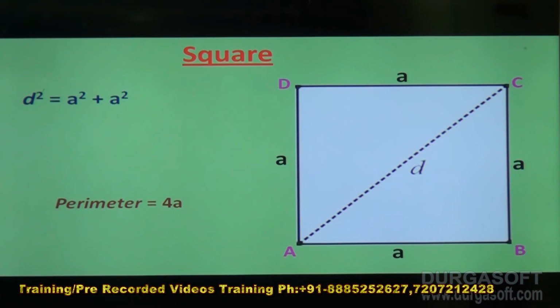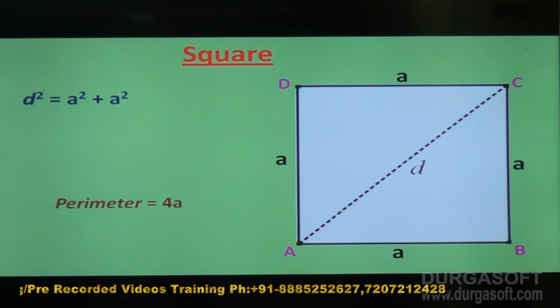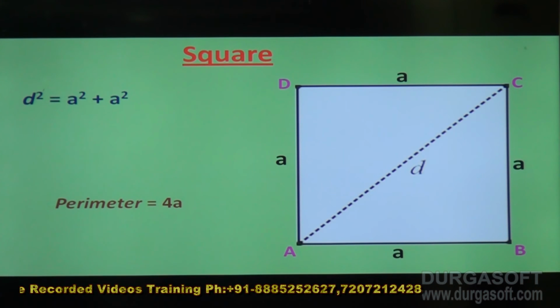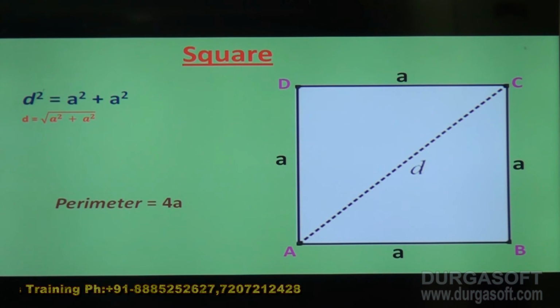So as we have 4 sides here, perimeter is equal to 4a, and coming to the diameter, d square is equal to a square plus a square, which can also be written as d is equal to under root a square plus a square, and that will be d is equal to root 2 a square, right?